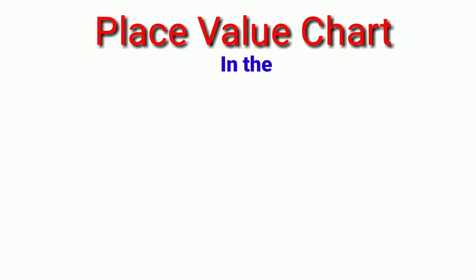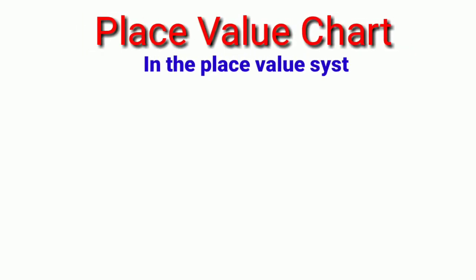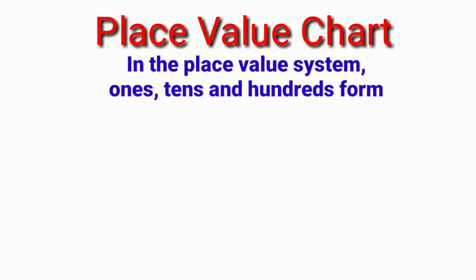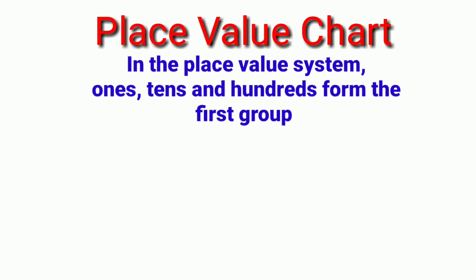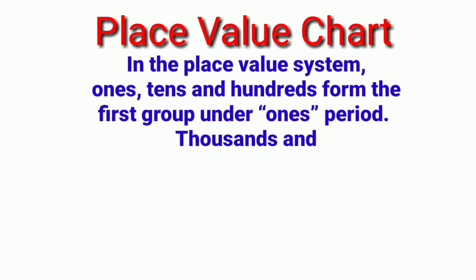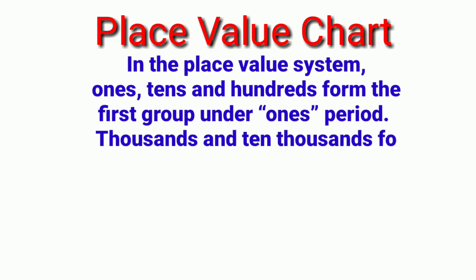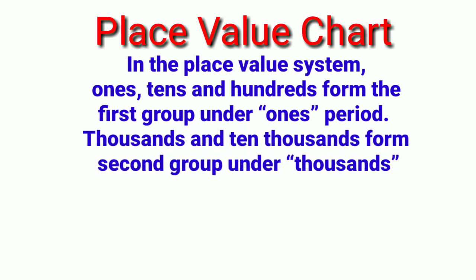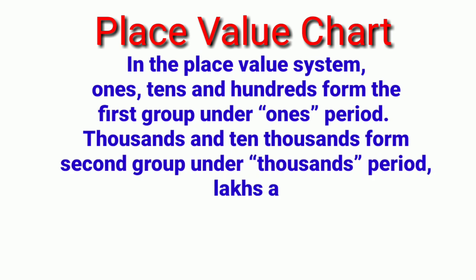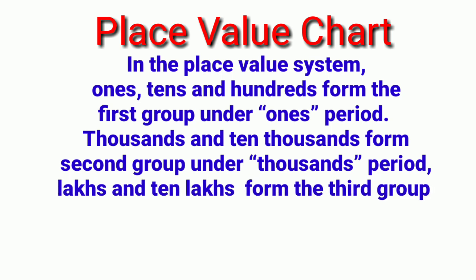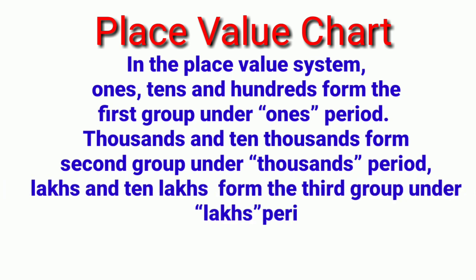Next, see the topic place value chart. In the place value system, ones, tens, and hundreds form the first group under the ones period. Thousands and 10,000s form the second group under the thousands period. Lakhs and 10 lakhs form the third group under the lakhs period.